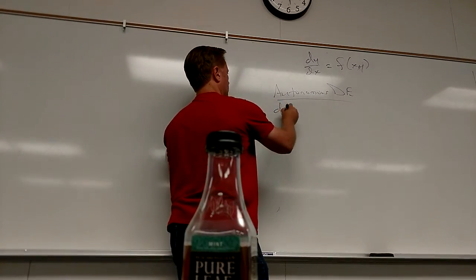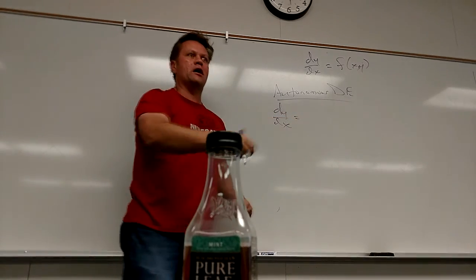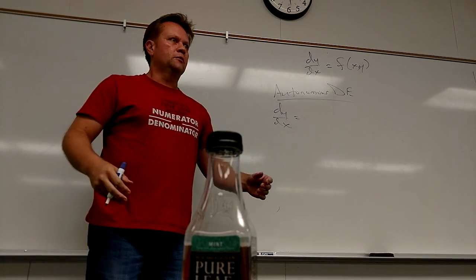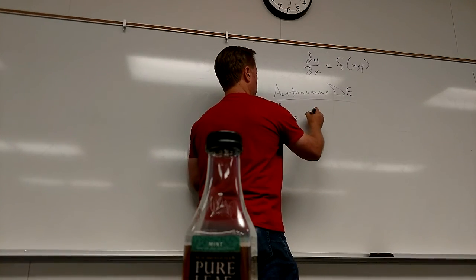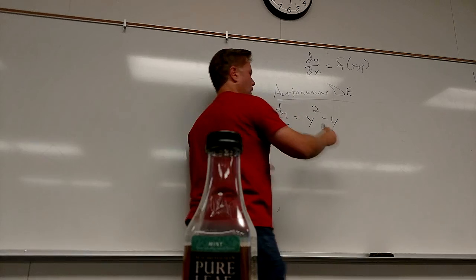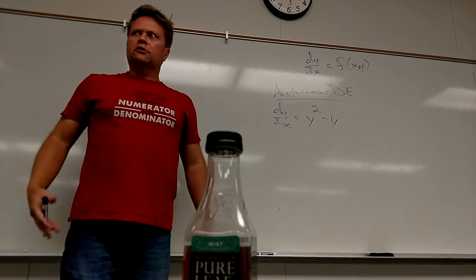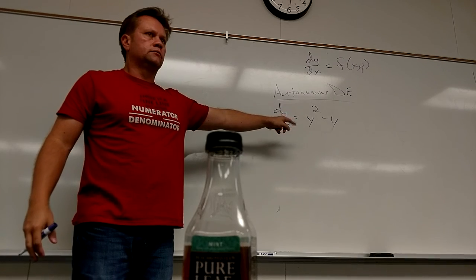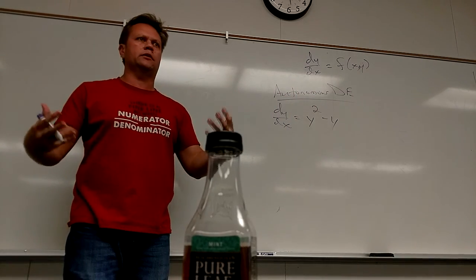I want the slope of y to be governed only by y. It governs itself. Poor little x gets no say. Right? So a real simple example would be like y squared minus y. So it's completely governed by itself. Its derivative is governed by itself. So that's why it makes sense to call it autonomous. It's awesome.